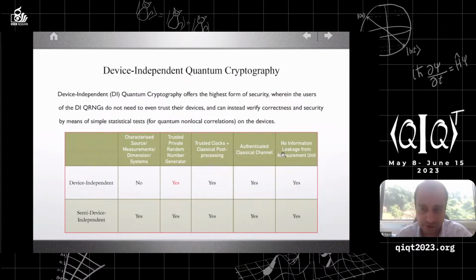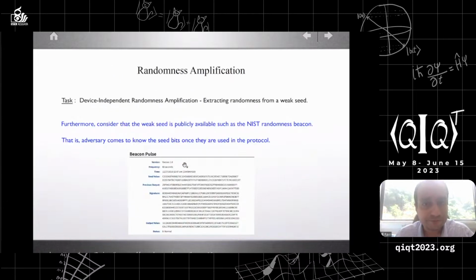So we don't want the device to simply tell the adversary what our outputs are. There are some other assumptions in device independence, such as trusted classical processing and an authenticated classical channel, which we are also working to remove in the future. But for this talk, I will just be focusing on the random number generation.